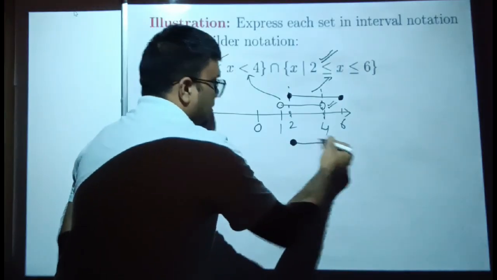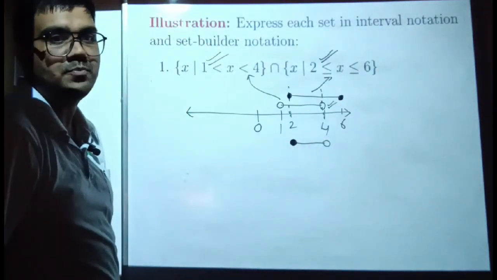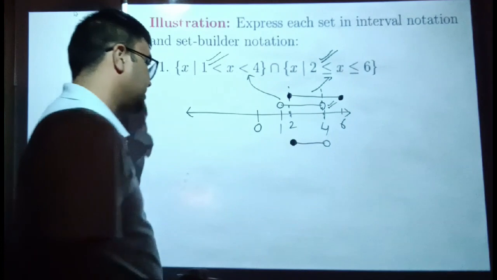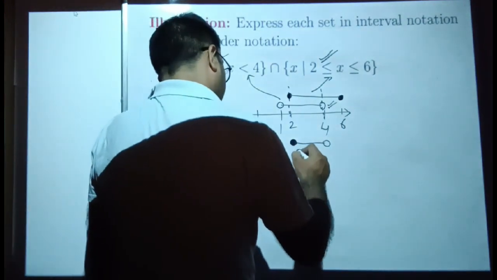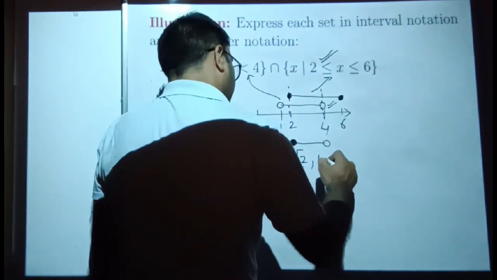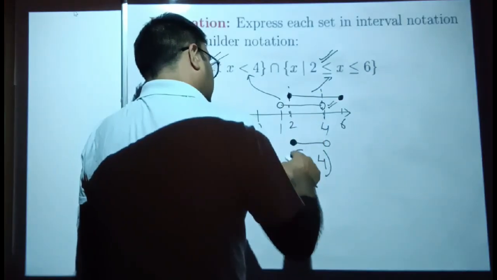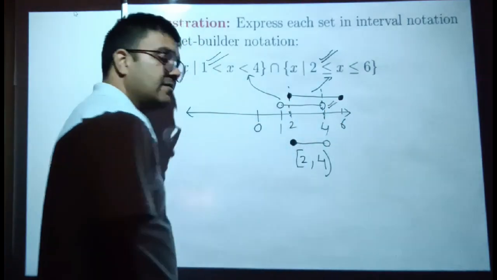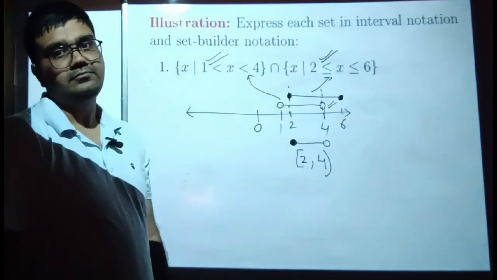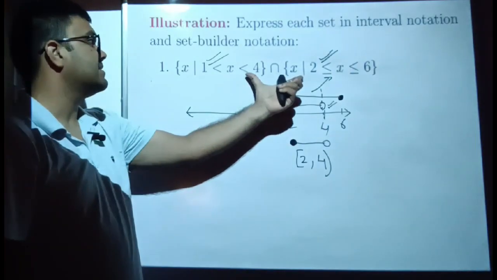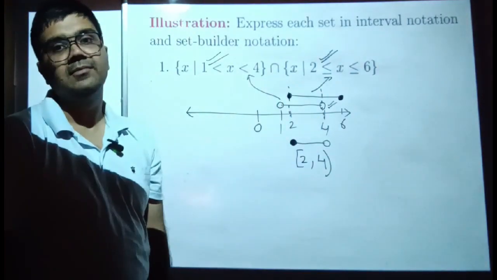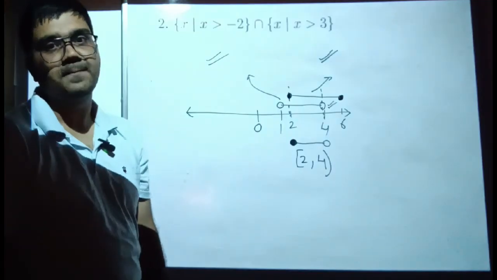So we will put the dot like this. This is the common region that we have. So the answer we obtain is [2, 4), closed at 2 and open at 4. So this is the intersection of these two intervals.